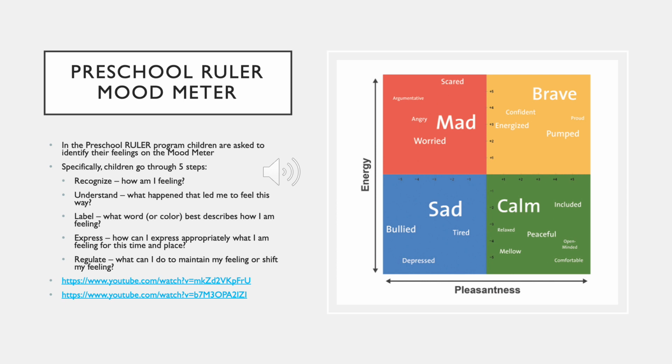And then the second one is actually an infant and toddler caregiver using the ruler tool to help infants and toddlers to go through these 5 steps, because oftentimes our young children might not be able to utilize, recognize, understand, label, express, and regulate all on their own. They need the support.